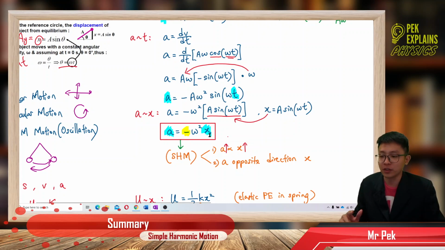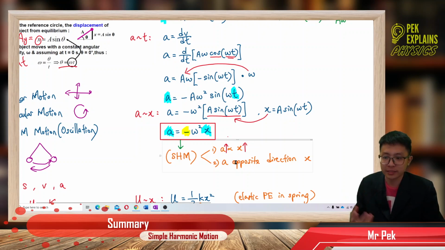That means if x is positive, a will be negative. If x is negative, a will be positive. So the negative sign means acceleration is opposite direction with x.